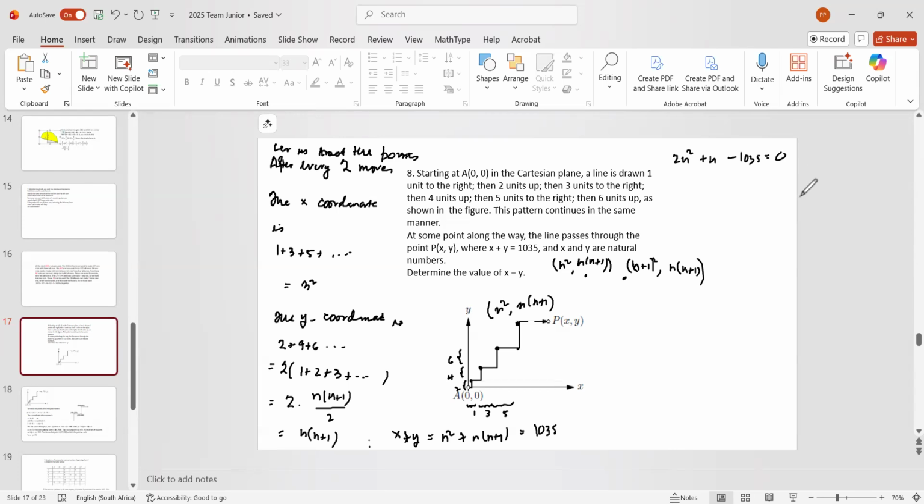Now, you can factorize this. It's not easy to factorize, but it does factorize. If you use the formula for the roots, you can get the two factors.